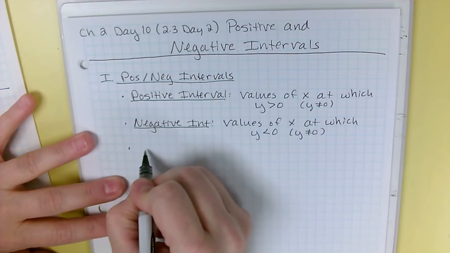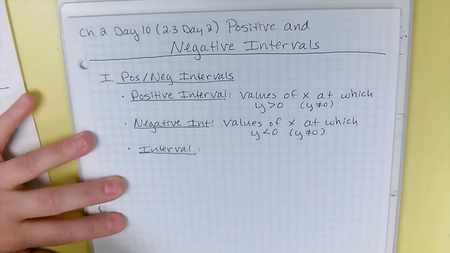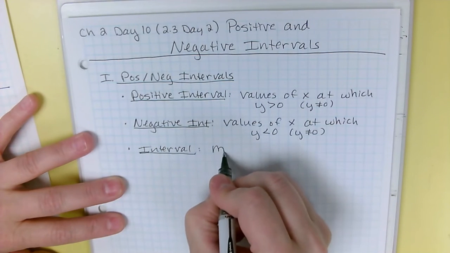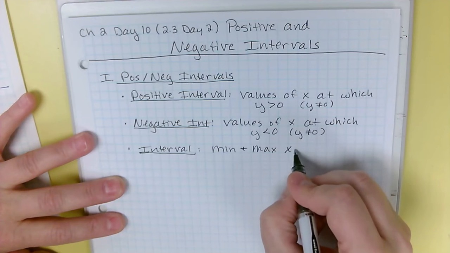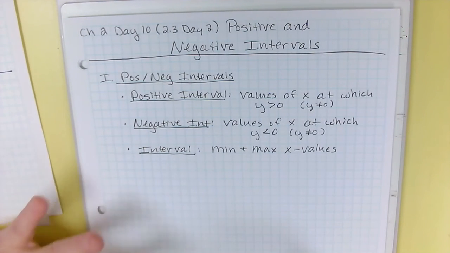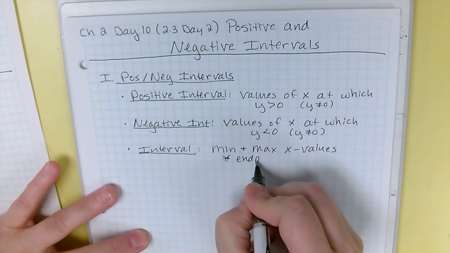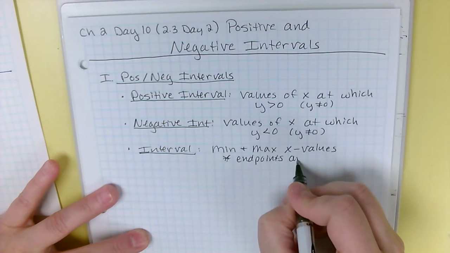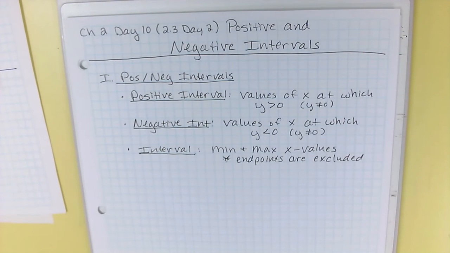And when you give an interval, you're giving a minimum and a maximum pair of x values. And most of the time when doing the interval, the endpoints are excluded because typically that's where y equals 0.